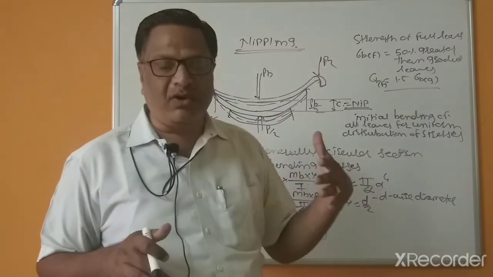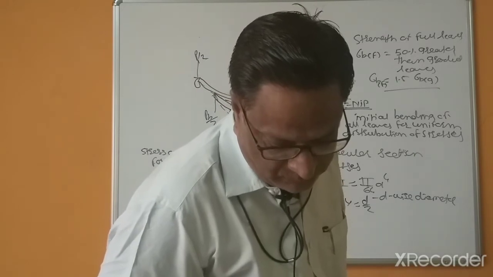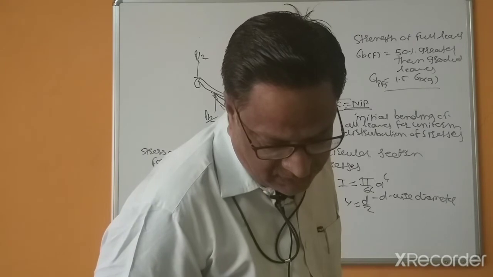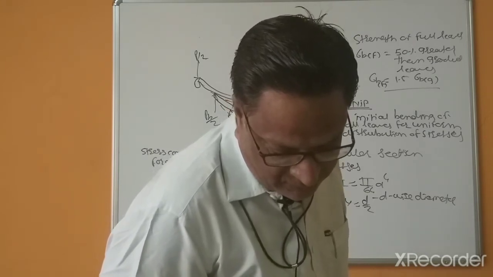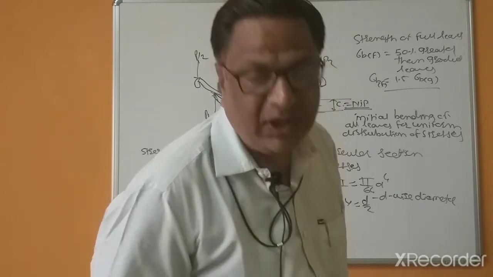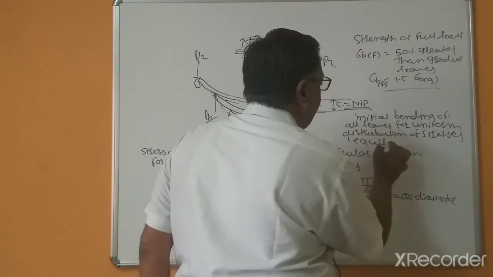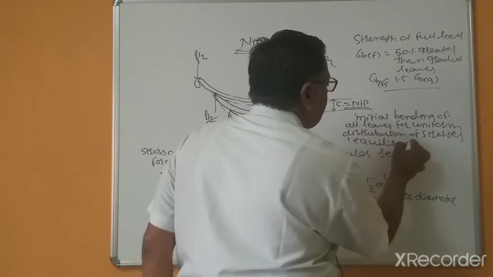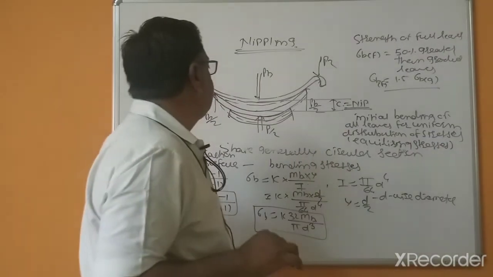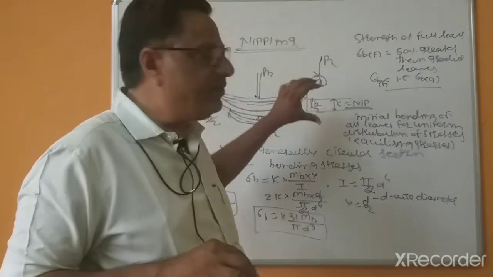That process is called nipping, or another common name is nipping, and the next name is equalizing stresses, also called. So this is the difference between the radii of curvature of the leaves.